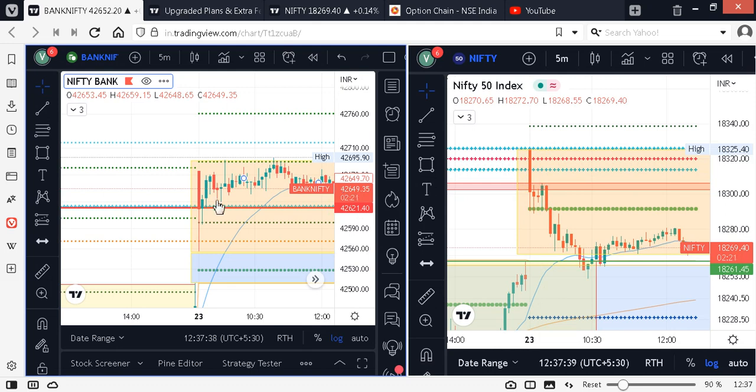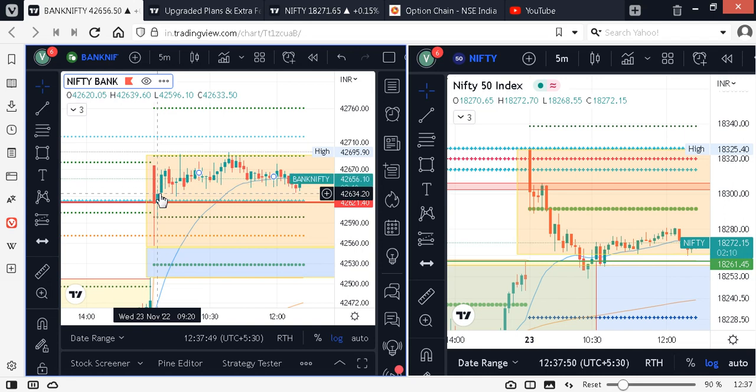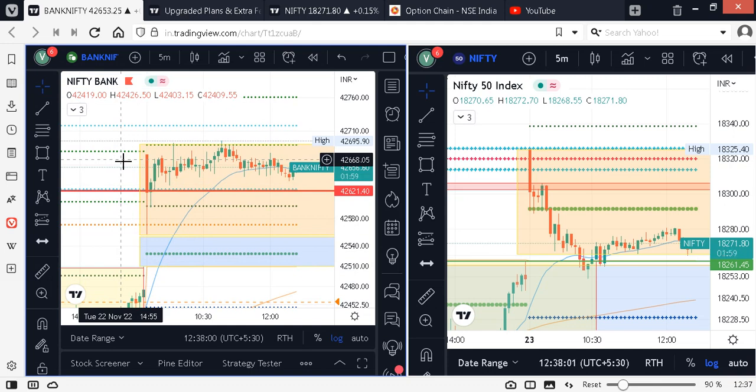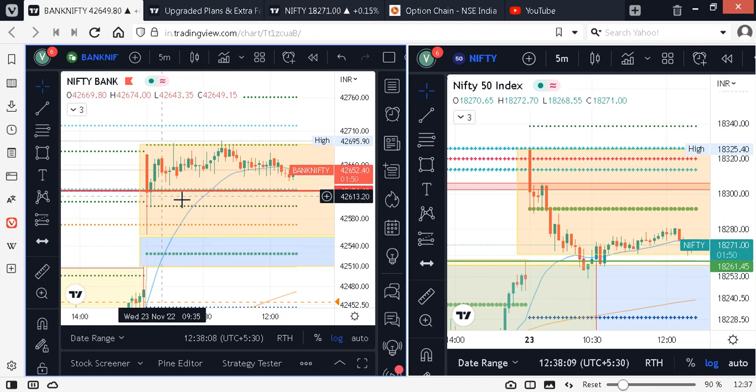In my system, which I learned and trained on, if I enter here, I may have chances to reach the next pivot and get some profits. This is called a high probability trade, and you have to judge high probability trades like this. This red candle is the all-time high in Bank Nifty, where the weekly resistance is also present.